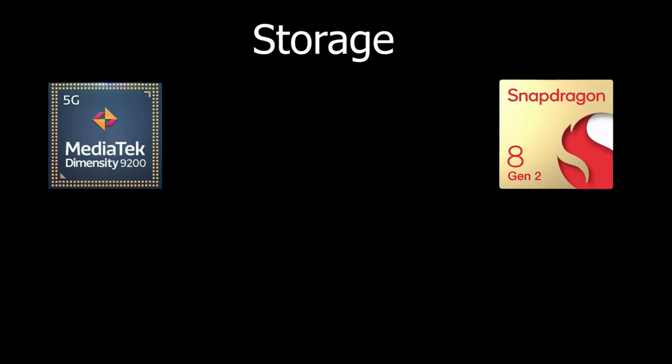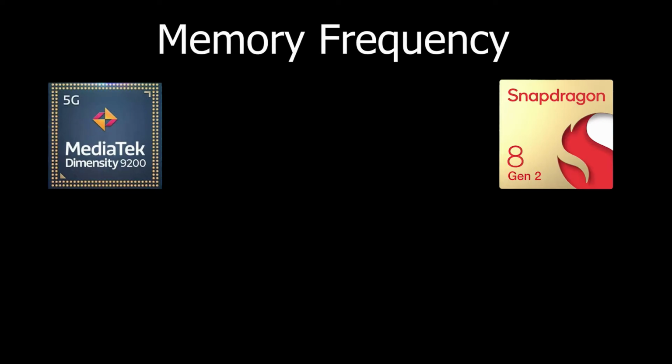And for storage, you will get UFS 4.0 on both sides. The memory frequency on the Dimensity is 4266 megahertz, while on the Snapdragon it is 4200. So as I told you, Dimensity has very new things.